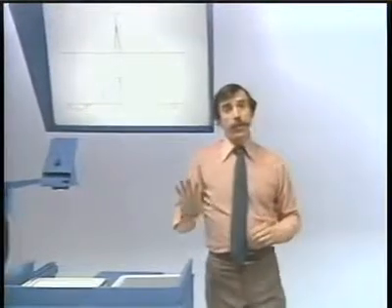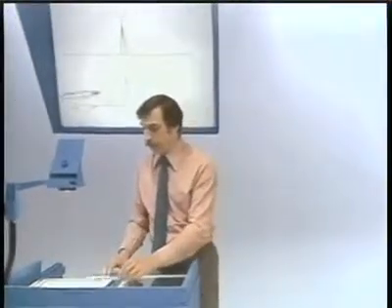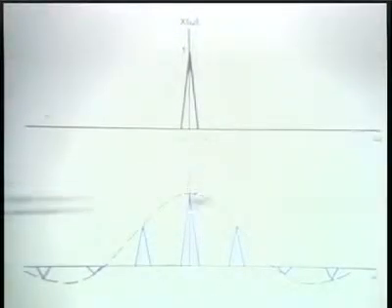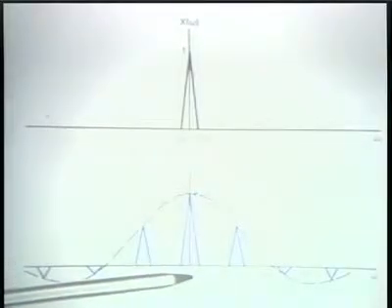Now, there's a very important thing to observe here, which is that the ability to do the reconstruction is associated with the notion of whether we can extract that kind of central triangle. I happen to choose a triangular shape, but obviously I could be talking about any shape as long as it's band limited. The ability to extract that, and notice that in this modulated output spectrum, the ability to recover this is totally independent of what the value of delta is.